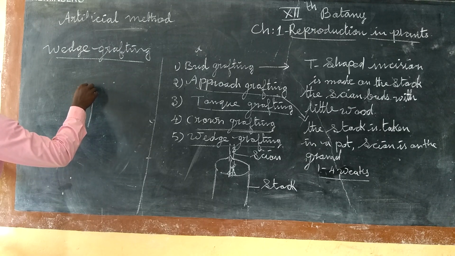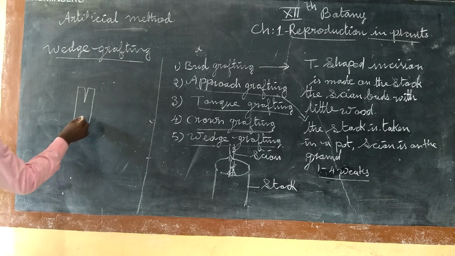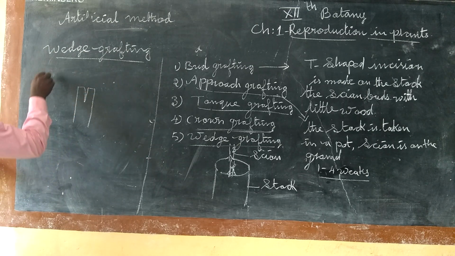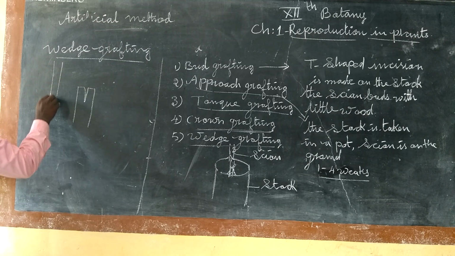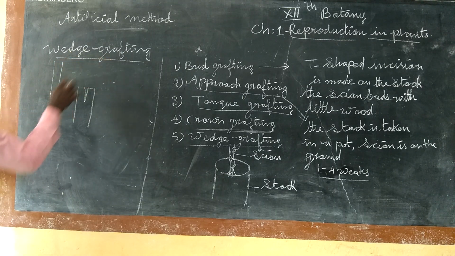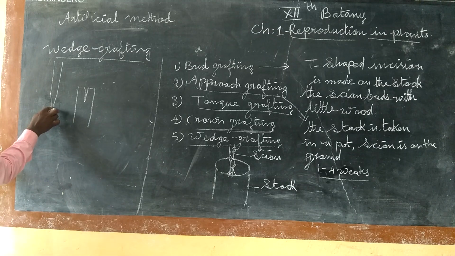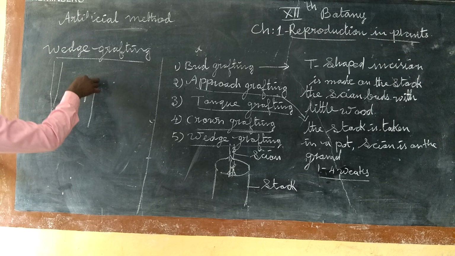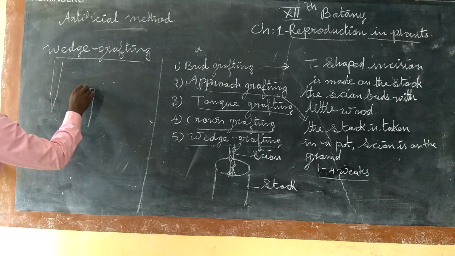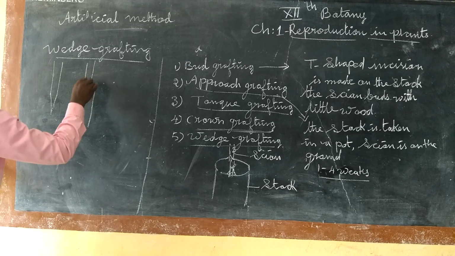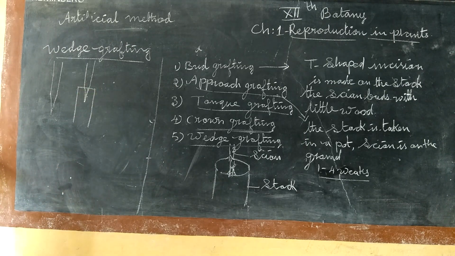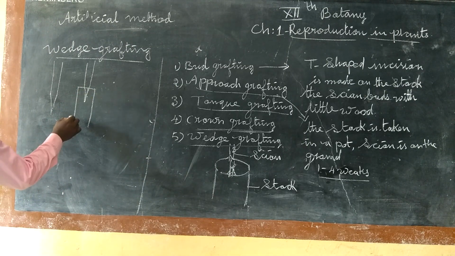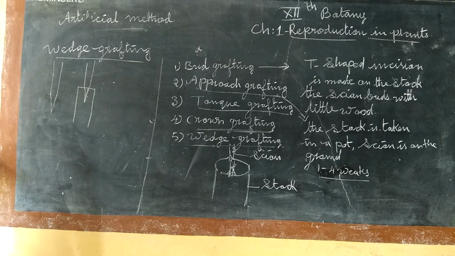A slit or cleft is made in the stock, and this is the scion. The scion has a wedge shape; wedge grafting represents this shape of the scion. The scion is fitted into the stock here. Then graft wax will be applied and a polythene cover will be applied, so that direct sunshine is avoided.